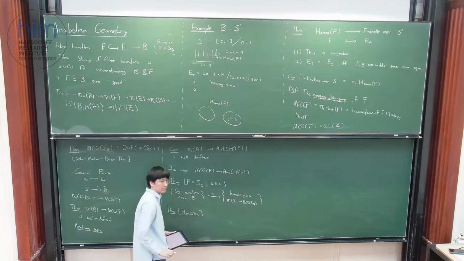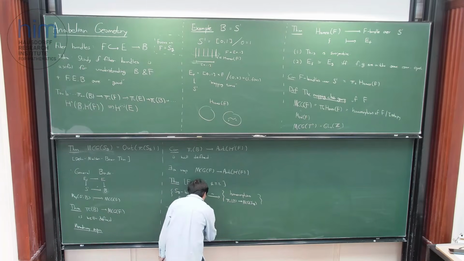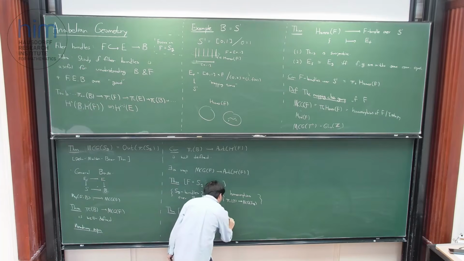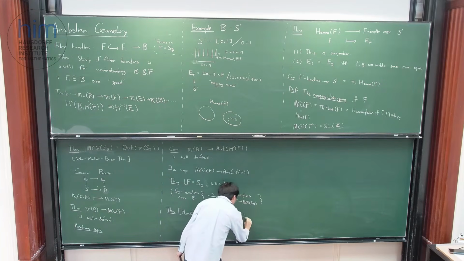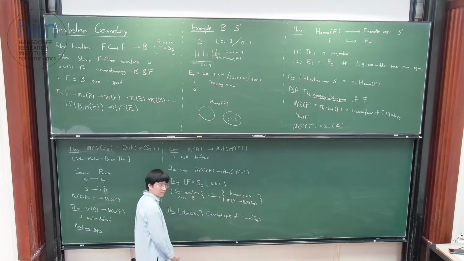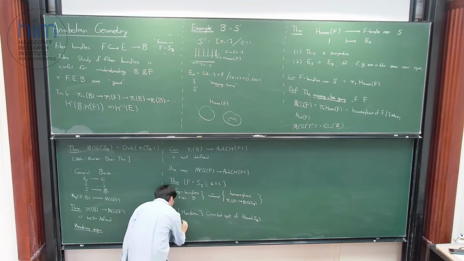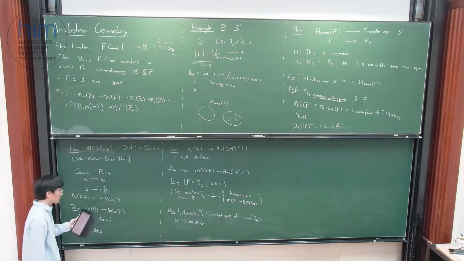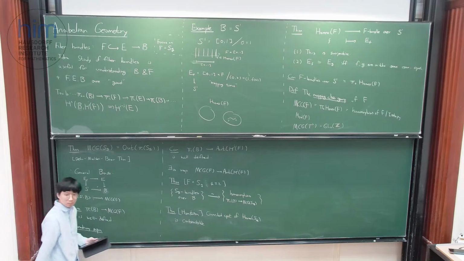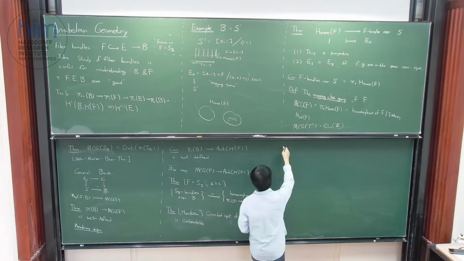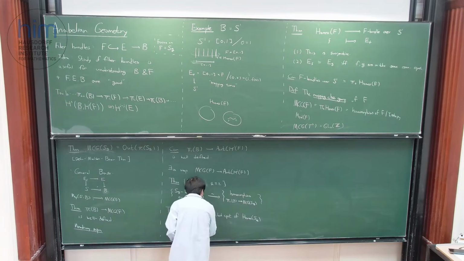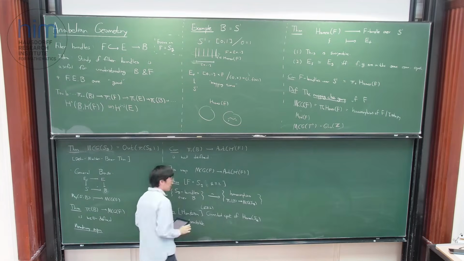It states that if you consider the connected component of the homeomorphism group of S_g, then it is contractible. Again, g is greater or equal to 2. This is not true if g is equal to 1.